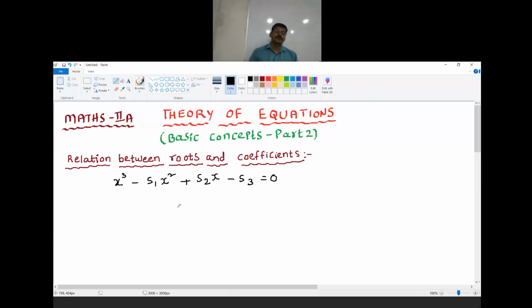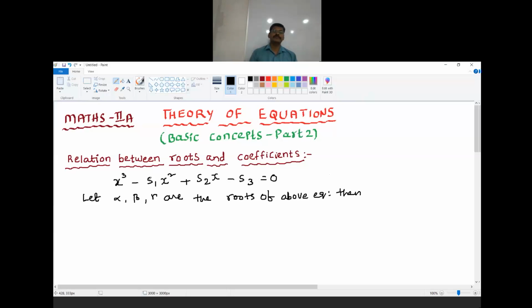Now suppose alpha, beta, gamma are the roots of the above equation. Then we can write the relation between roots and coefficients.